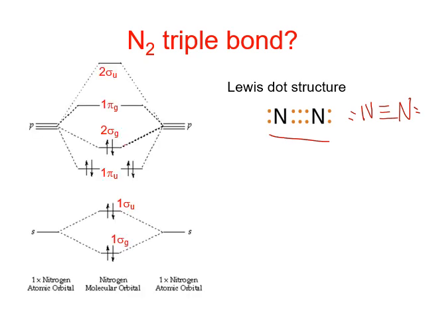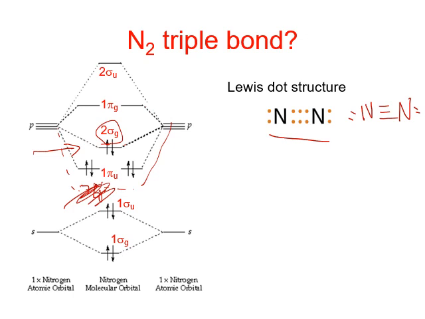This is the energy diagram for the lighter molecules up to nitrogen. Note that the 2 sigma g is above the 1 pi u. For oxygen and fluorine, we would choose the energy diagram where 2 sigma g goes here. So for nitrogen, this is the correct energy diagram.